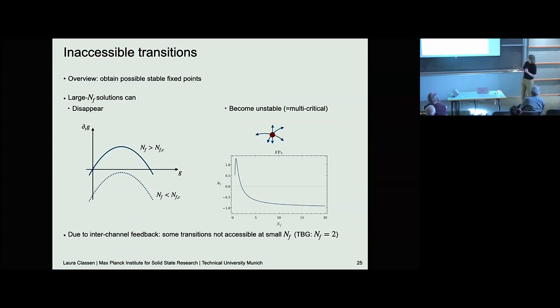Another option is that the fixed point becomes unstable, which would mean multi-critical, so we have more than one relevant direction here. We can calculate this by looking at the second largest critical exponent, and that would change sign when this happens. So we see that due to this interchannel feedback, some of the transitions are not accessible if we go to small NF, which is the important regime for twisted bilayer graphene.